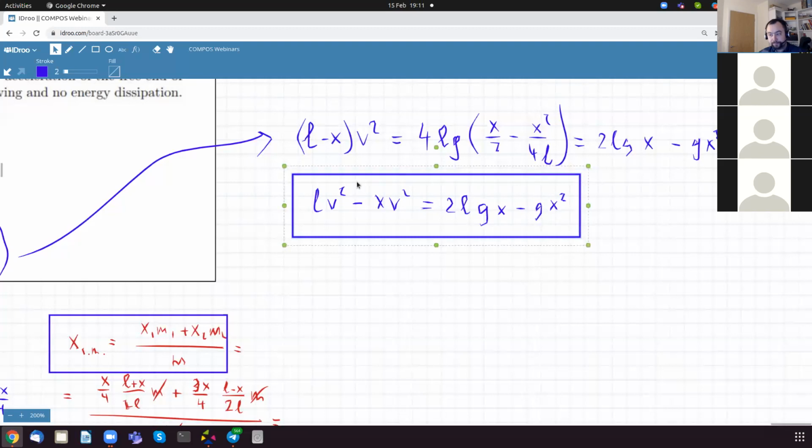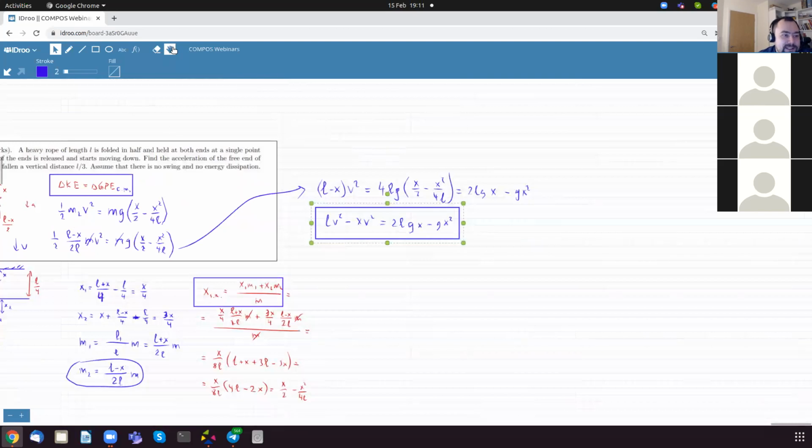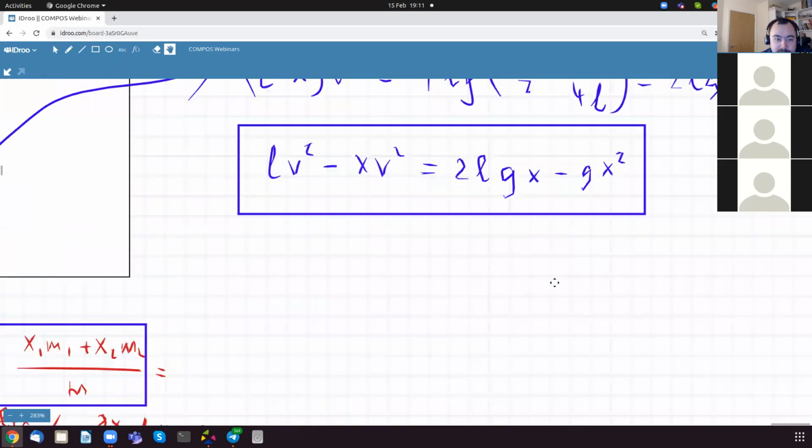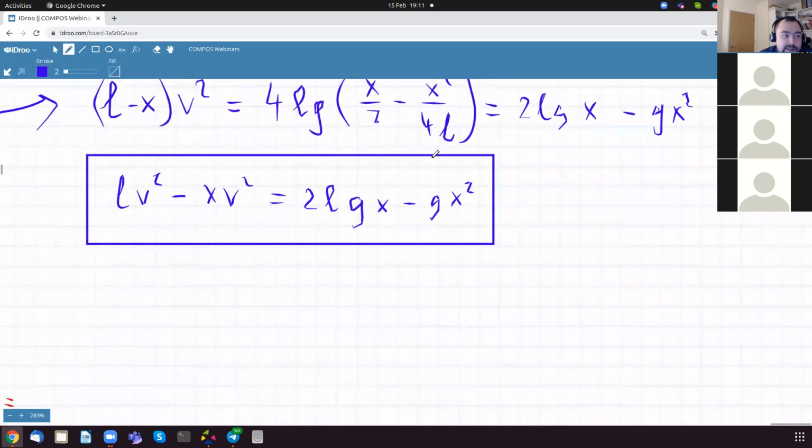Now from here comes the most interesting part of this question, which is actually figuring out the acceleration from this. So I'm going to remember that velocity, and we're talking about the velocity of the tip, is dx dt, and acceleration is equal to dv dt.